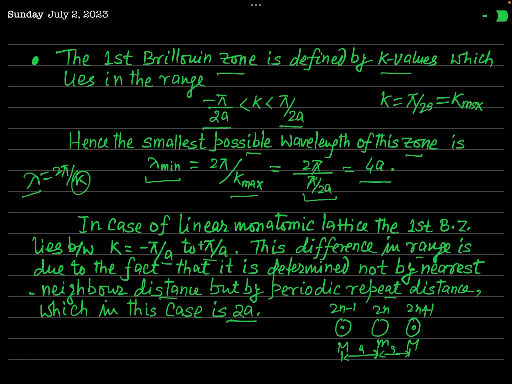I think you have clearly understood why there is this difference between the range of the first Brillouin zone in case of the one-dimensional monatomic linear lattice and the diatomic linear lattice.